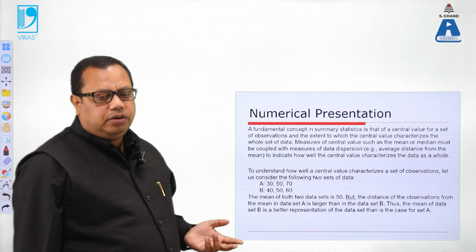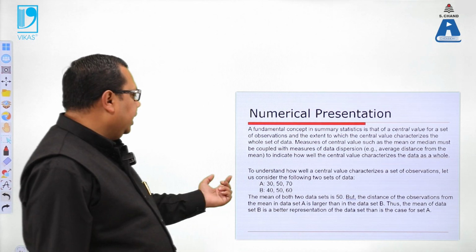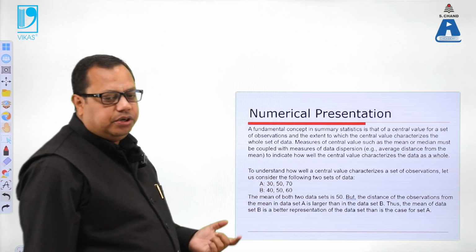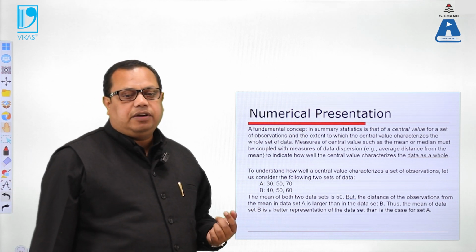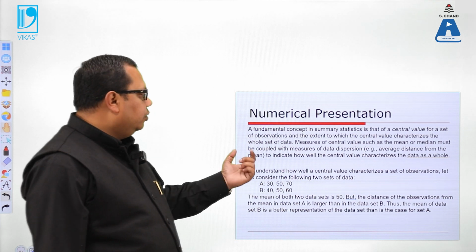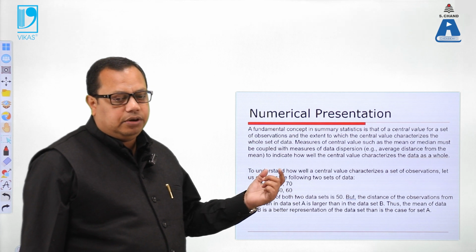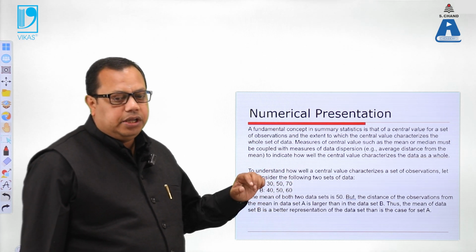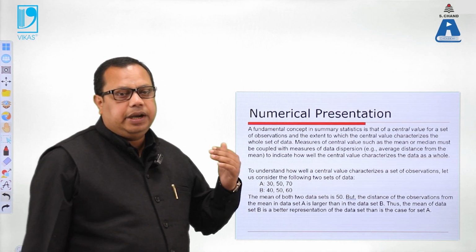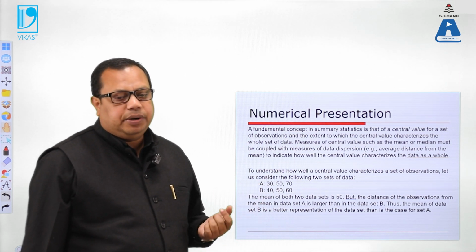In the numerical method, we have to put the numerical value of the data. Suppose A has 30, 50, 70, and B has 50, 40, 50, 60. So we make a set of data, and from that set of data we make the calculation. Instead of making a graphical presentation, we make a numerical presentation, showing them with a numerical value.